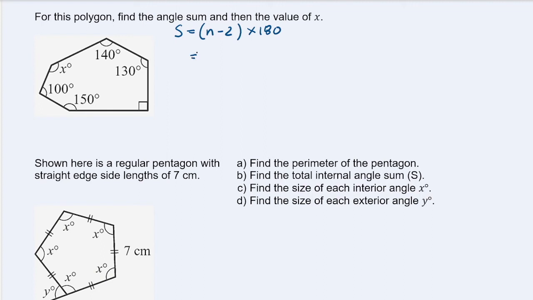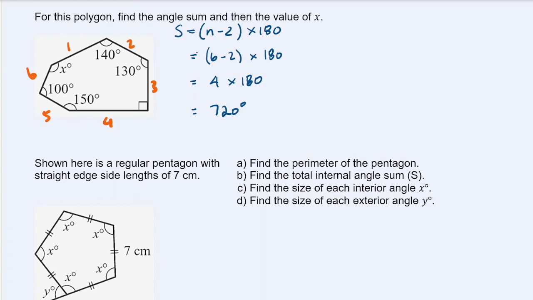So how many sides do we have? 1, 2, 3, 4, 5, 6 sides. So we have a 6-sided shape. So it's 6 minus 2 times 180. So 4 times 180. And 4 lots of 180 is 720 degrees.